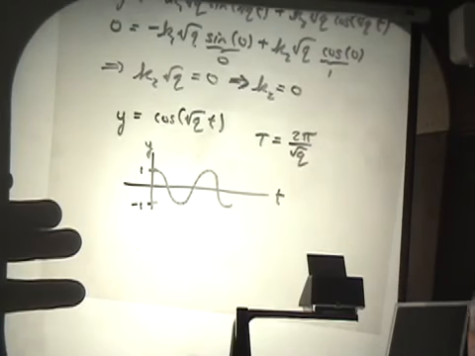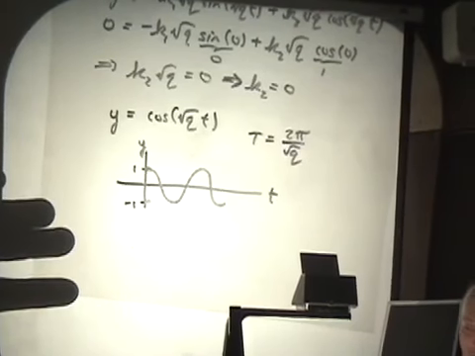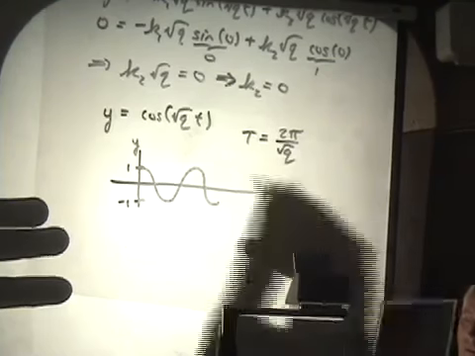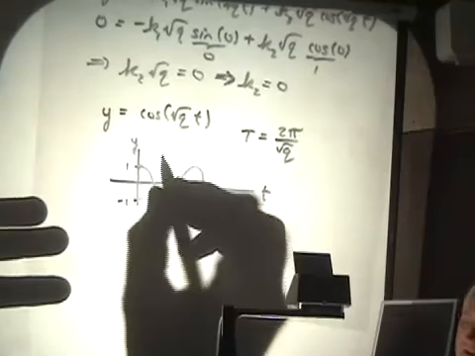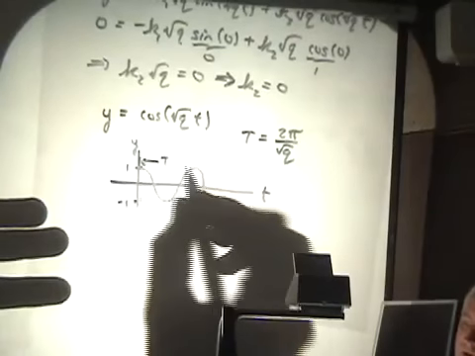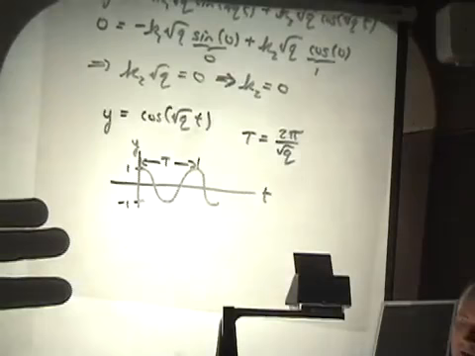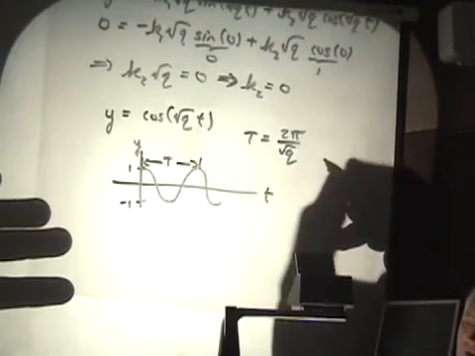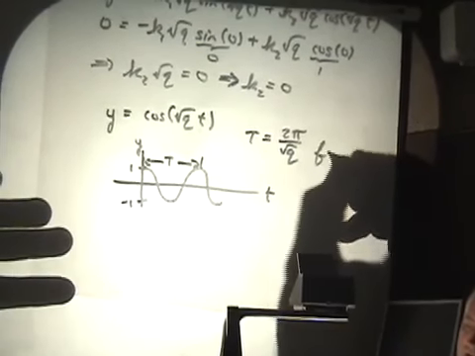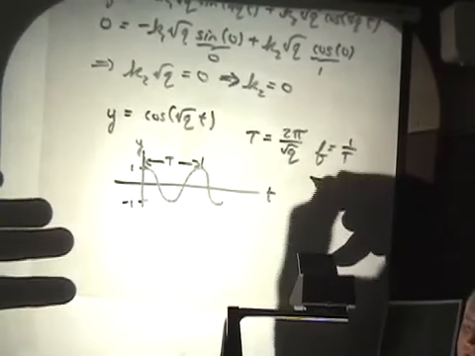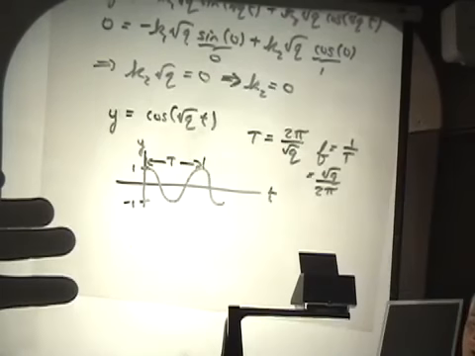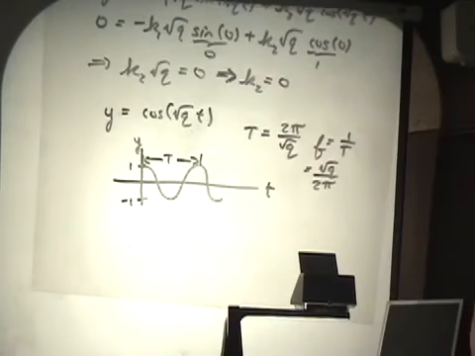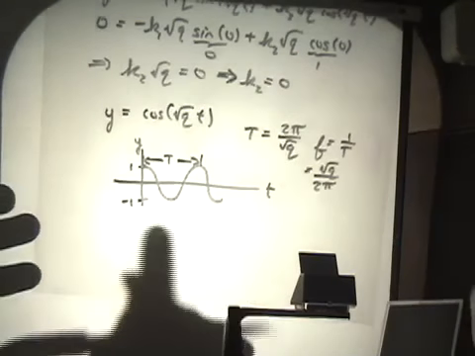If q is large, that's going to be a small period, which would be high frequency. There would not be very much distance between the peaks. The period is the distance between the peaks, sometimes also called the wavelength. The frequency is the reciprocal of the period, square root of q over 2 pi. So once again, if q is large, meaning if the spring constant k is large, then the oscillation is going to be very fast.